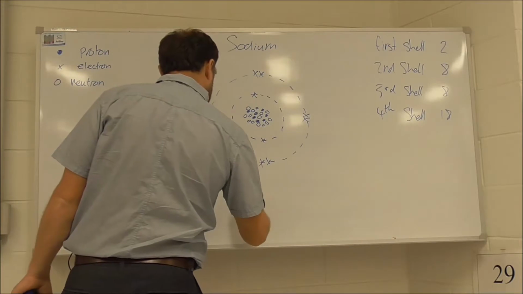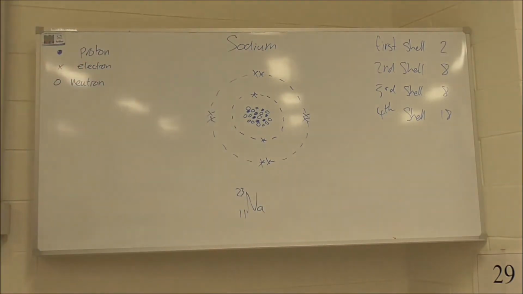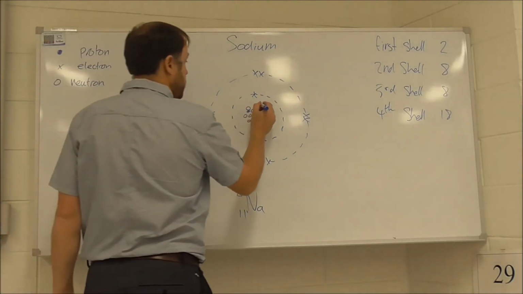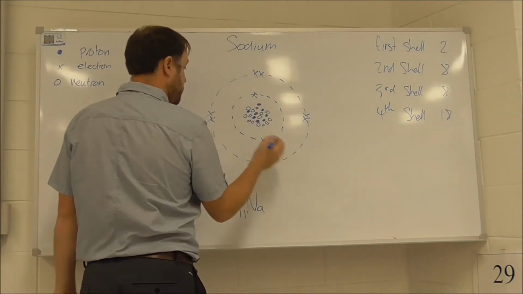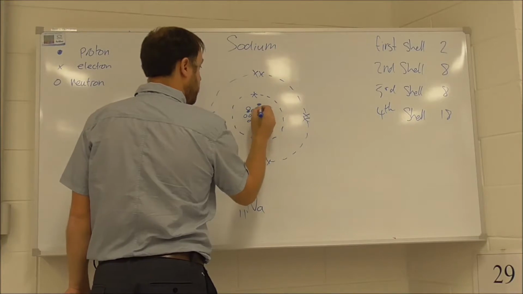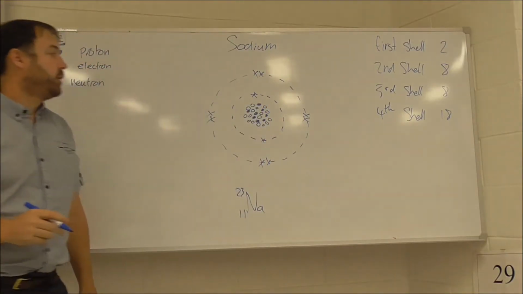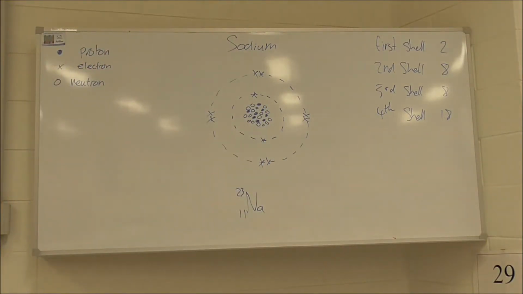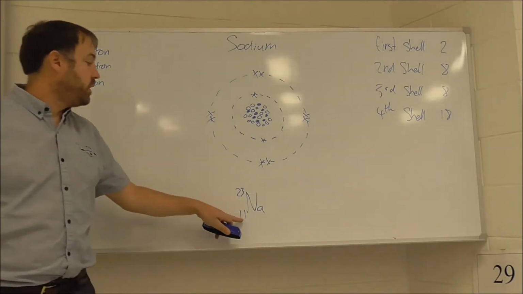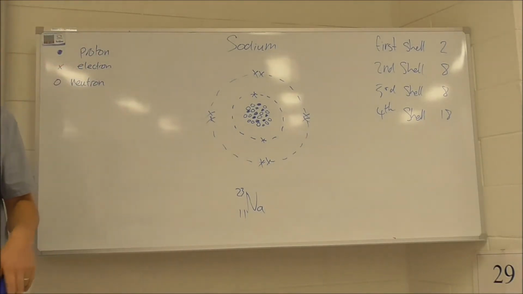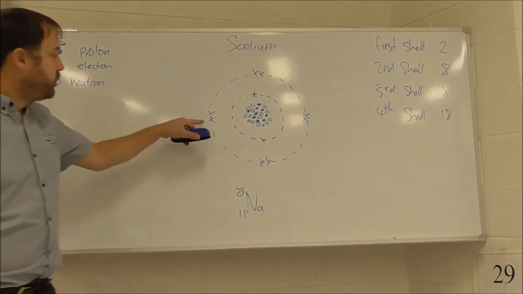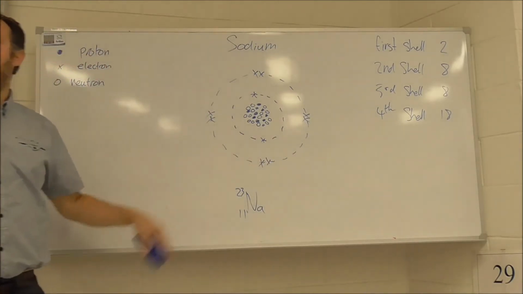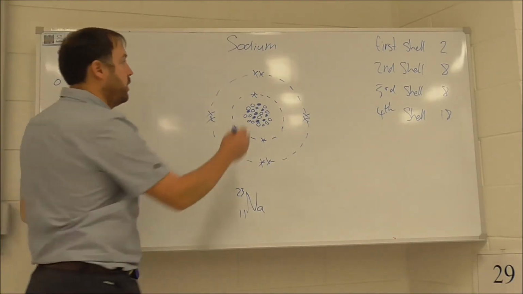And I'm going to pick an atomic mass of 23. So I need 1 extra proton in here and 2 more neutrons. Okay, so there's my nucleus. And let's make this a neutral atom as well. So I need 11 electrons in total. But my second electron shell is full. So I need to add another one.